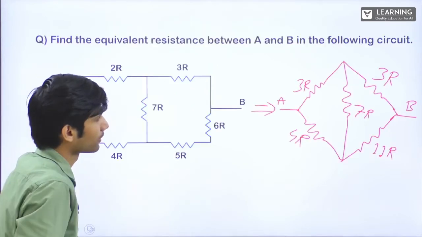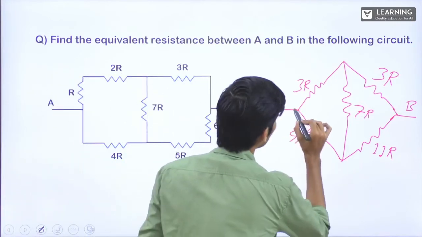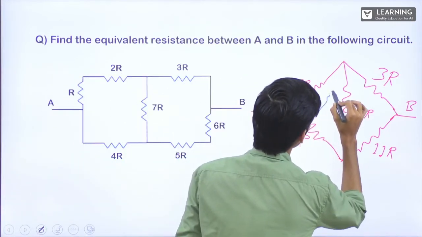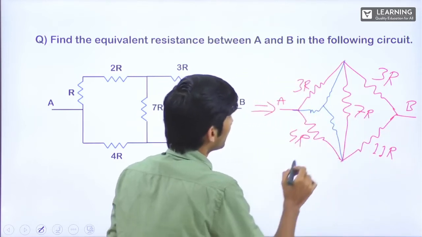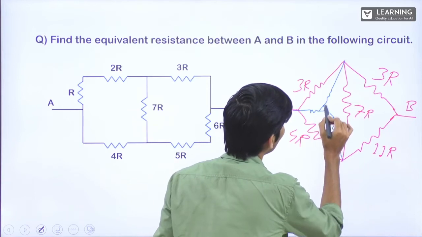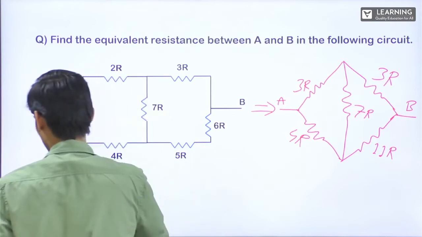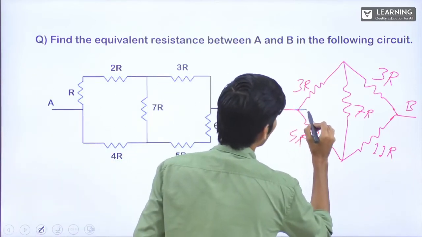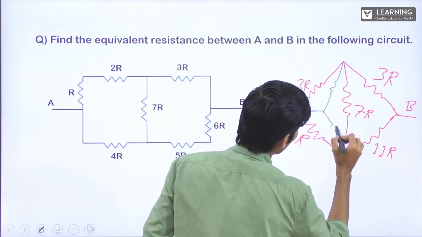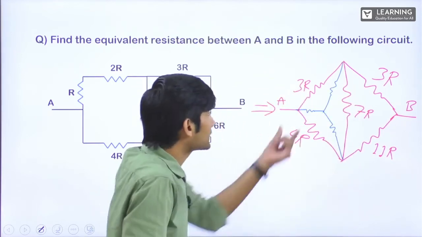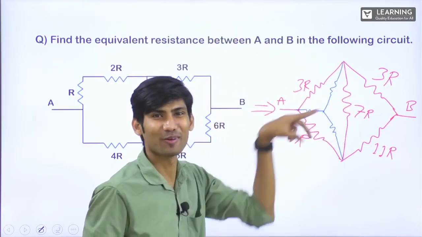Let us write. See here, if I make the star here, something like this I have done, right? This resistance will be, let me make it properly. Okay, this resistance will be product of the neighboring divided by the sum of all, right?